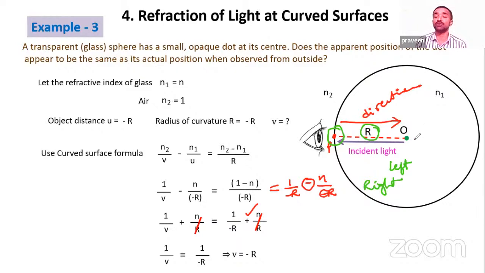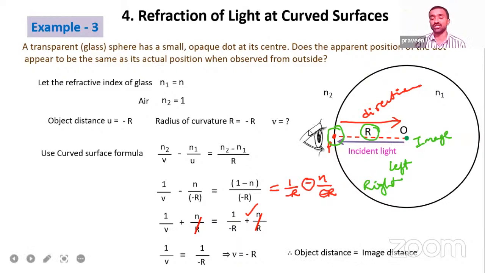So where will the image be obtained? At the same position. Object distance is equal to image distance. So simply that opaque dot will be observed at the same spot, at the center.